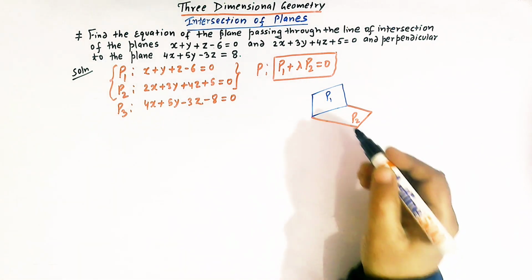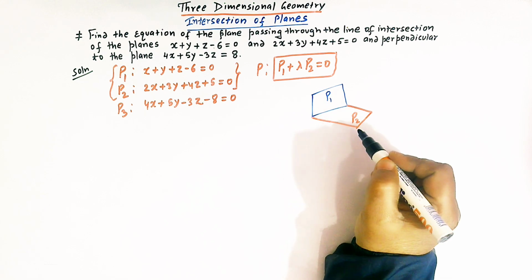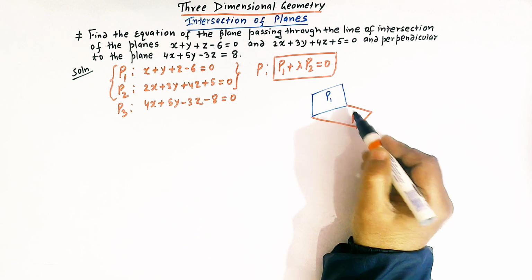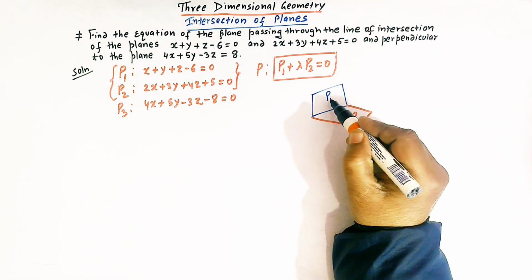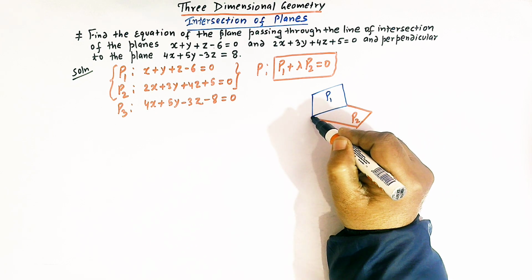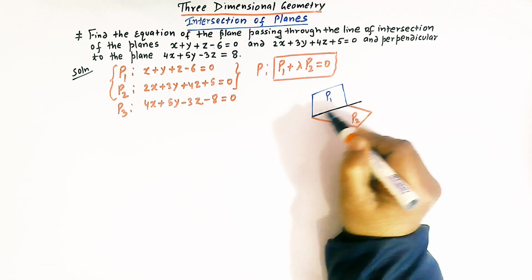Let us take the help of this rough diagram. Here P1 is this plane and P2 is this plane, and the line of intersection of these two planes is given by this line.